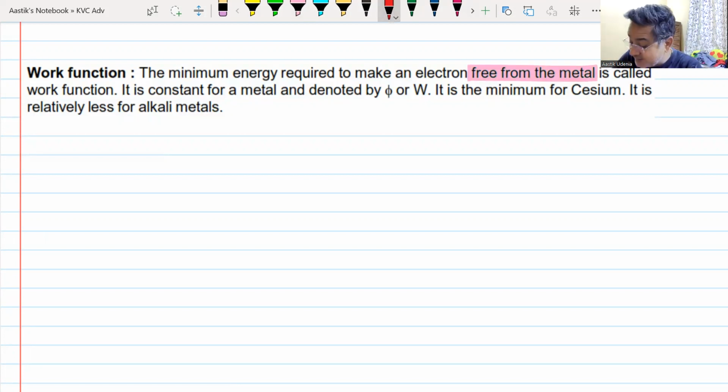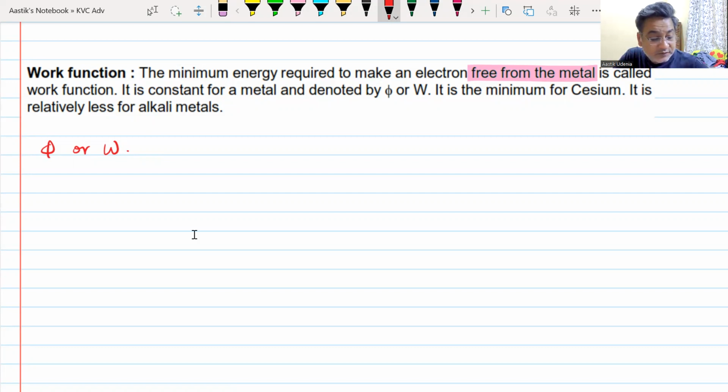Work function phi or W is the minimum energy required, and therefore you must have light of sufficient energy. Yes or no?